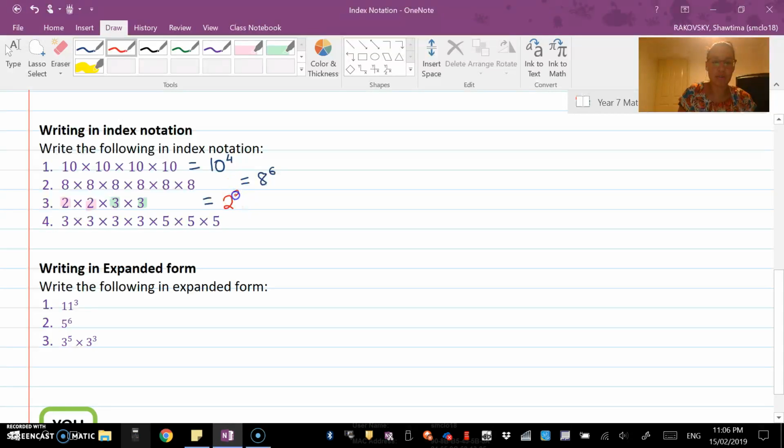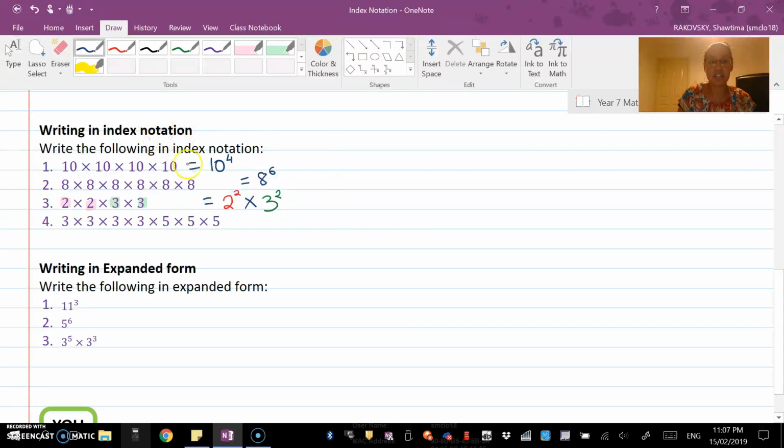So it's going to be multiplied by itself twice, or to the power of 2. And then my 3 is the base because it's been multiplied by itself, and it's 1, 2, twice. And in between those two things is still the multiplication. So that's how you can write that there.